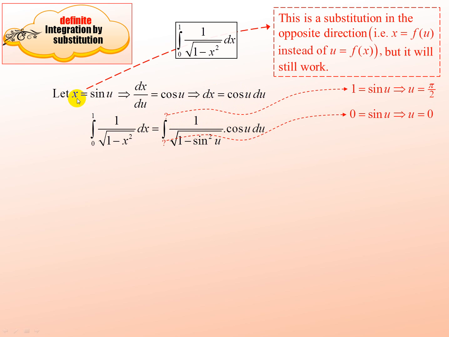So I'll say, well, x is sine of u, so 1 is sine of u, giving u as pi by 2. And 0 is sine of u, giving u as 0.